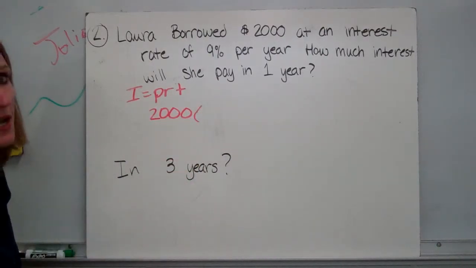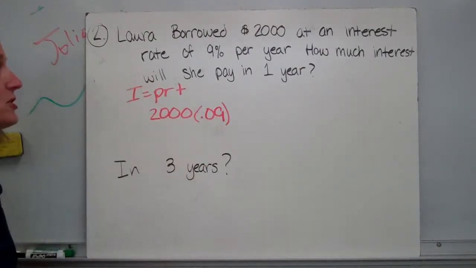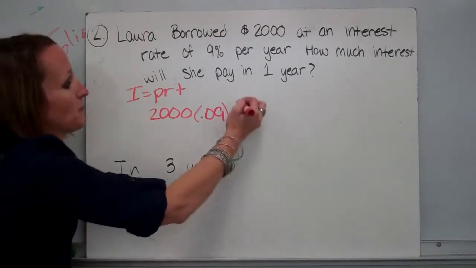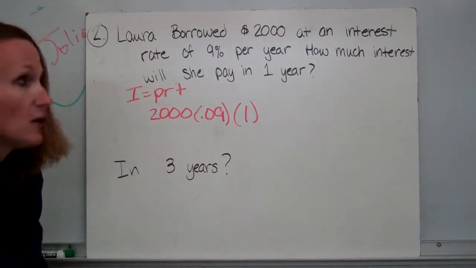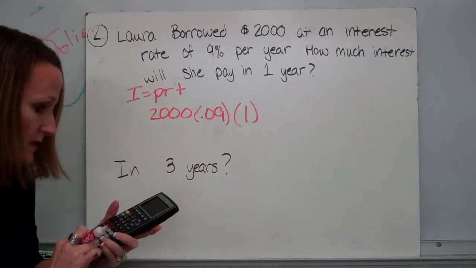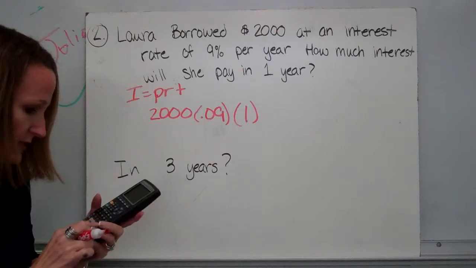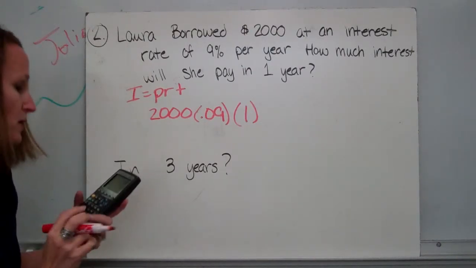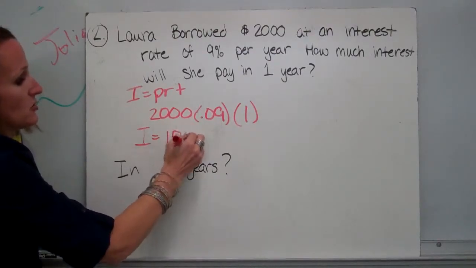Our interest rate is 9% or 0.09. But she's only borrowing it for a year. We want to know how much interest she has to pay back. So she's borrowing $2,000 times 9% times 1. So she has to pay back $180 in interest.